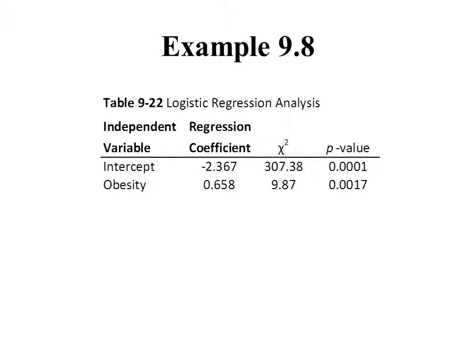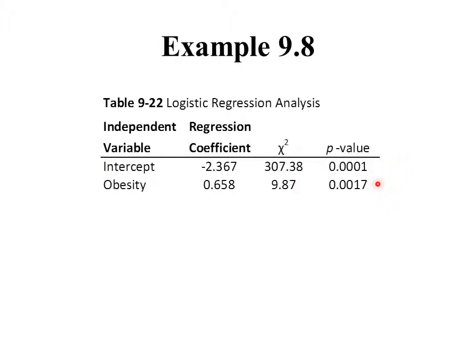Chi-squared we saw when we did the chi-squared goodness of fit and the chi-squared test of independence. Now this is a different type of hypothesis test than either of those, but the test statistic comes from a chi-squared distribution. And then right here is the p-value for the associated hypothesis tests.